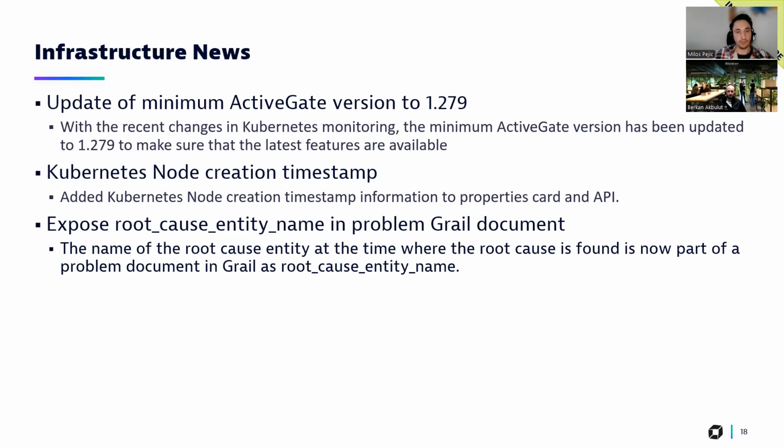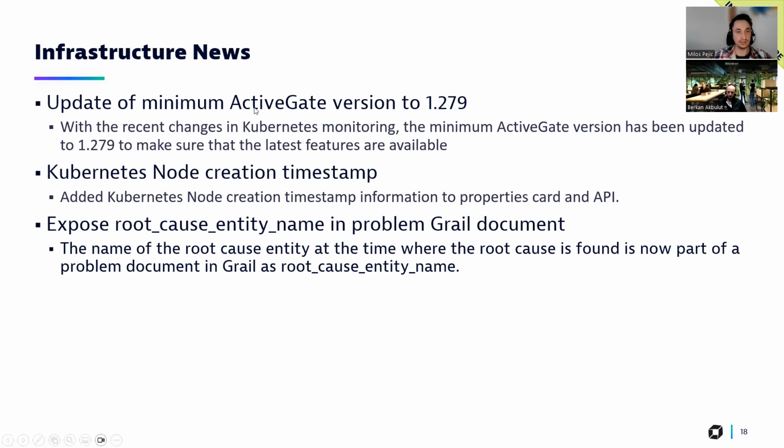And a couple of minor news put together on one slide. With all the recent Kubernetes monitoring changes, we mean the parts retrieved by the ActiveGate. It now requires a minimum ActiveGate version of 1.279.